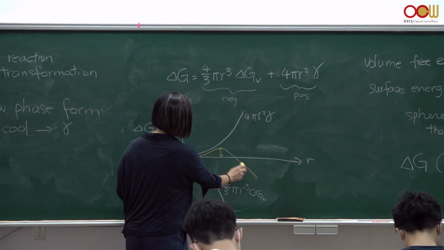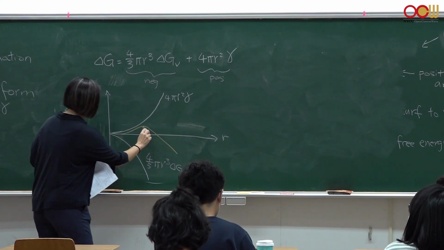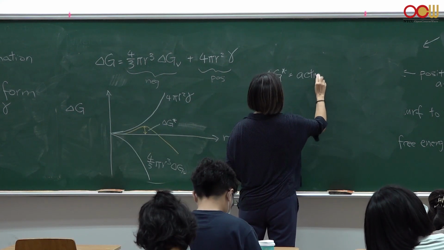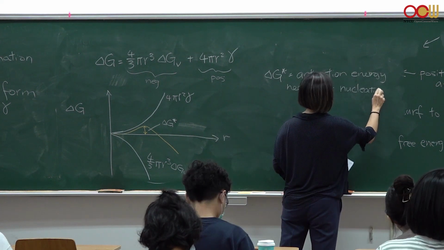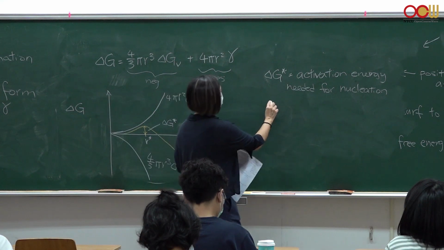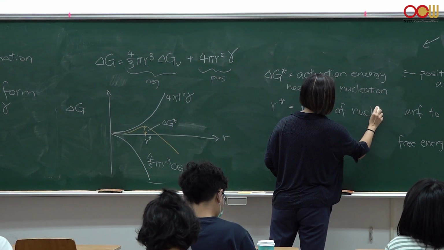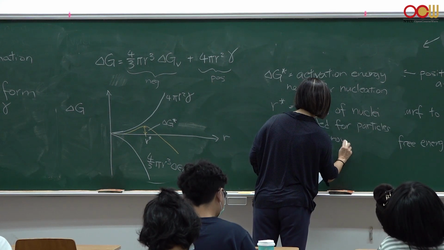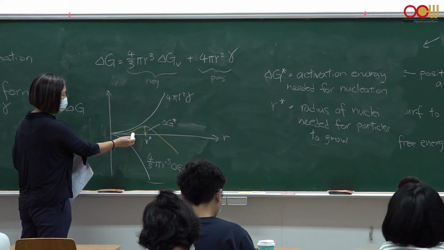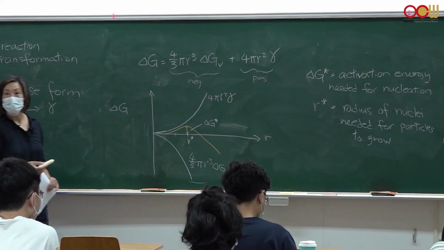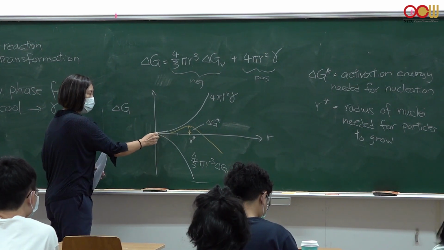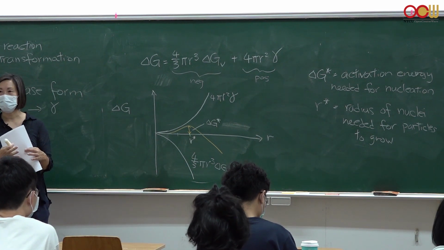So this tells us the kinetics. This is delta G. That's the activation energy needed. At this point, you have R star, how big the nuclei need to be for particles to grow. If you have nuclei smaller than R star, then the system will go to a lower energy state if the nuclei continue to shrink into nothing.